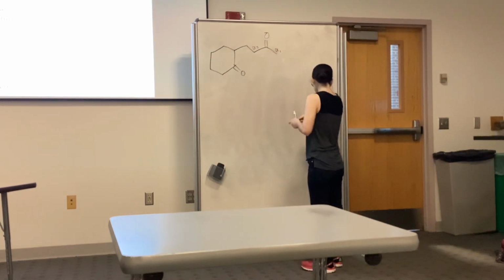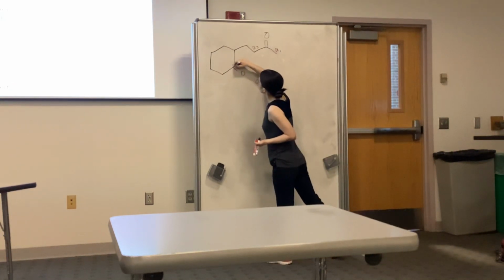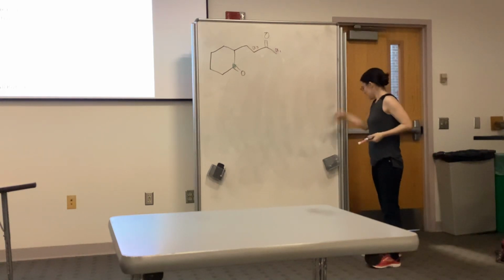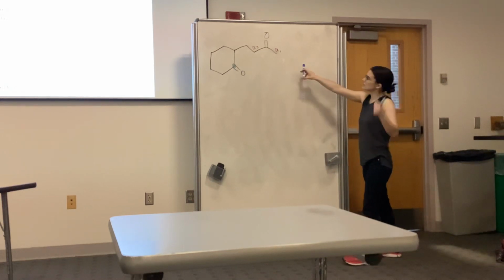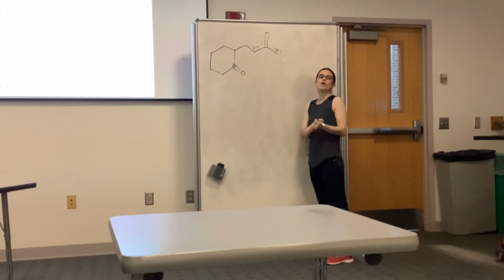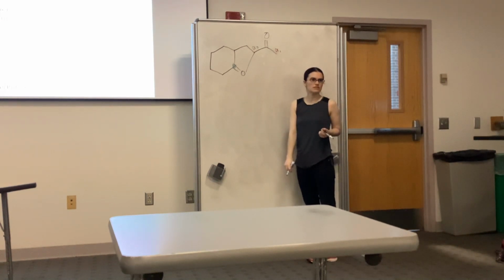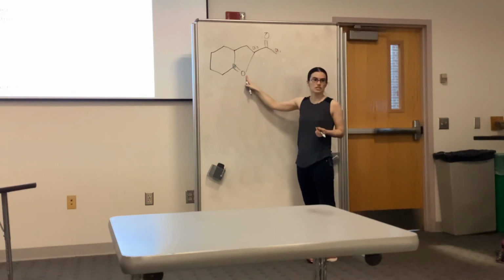Okay. So this is going to be our electrophile, right? And our nucleophile is either going to be alpha carbon 1 or alpha carbon 3. Remember, we're not trying to make this into a ring, right? You don't make a bond between your nucleophile and this oxygen.